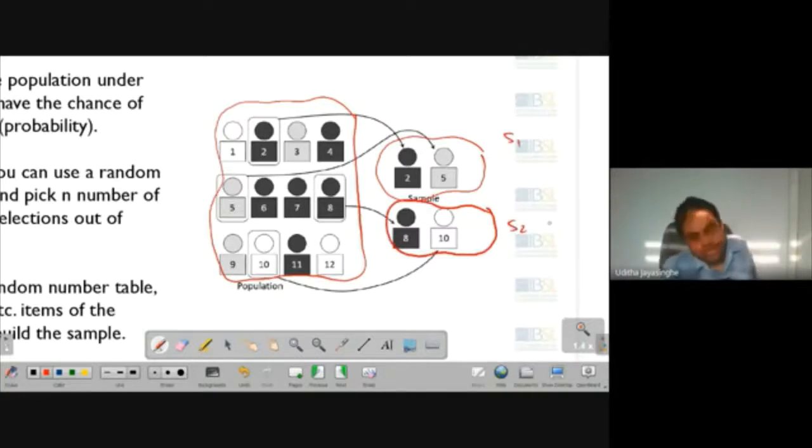Now, here students, you see these 12 elements as your population. But for you to select 2 out of these 12 elements, you have to practice some sort of methodology. So under simple random sampling, what it does is it merely takes a random number generation mechanism.